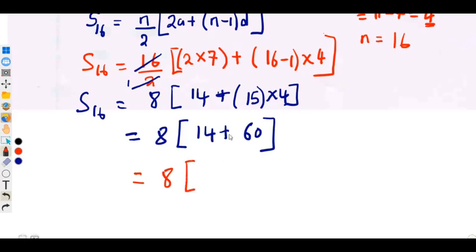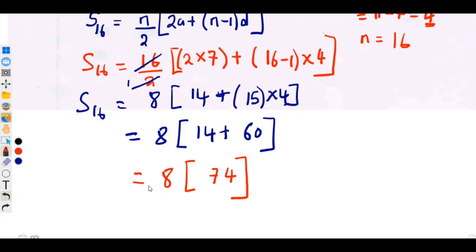So when we add 14 plus 60, this will be 4 plus 0, it's a 4. 1 plus 6, it's a 7. So this will give us a 74. So from here, we should just multiply 8 times 74. So what are we going to get when you multiply 8 times 74?